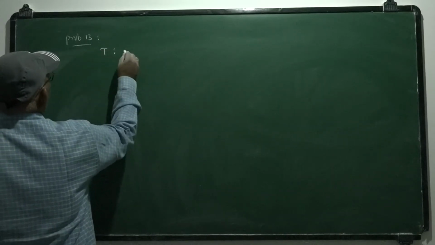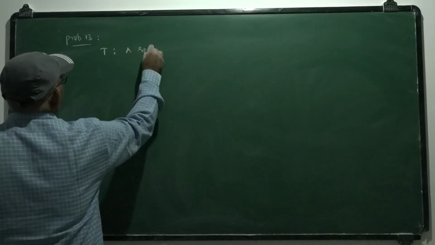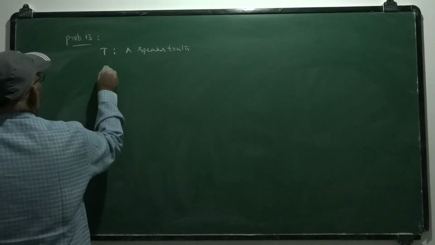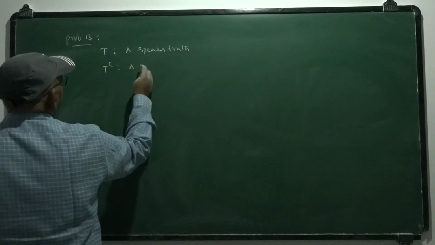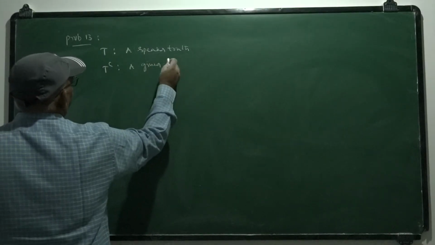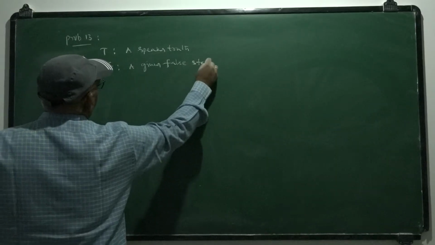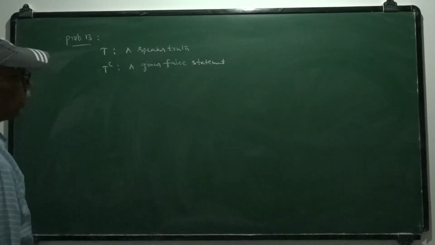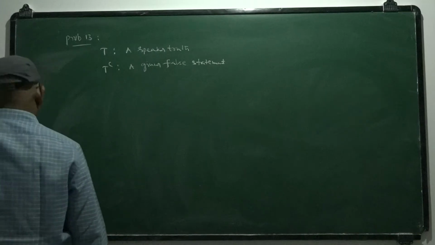Let T stand for the event of A speaks truth. And T complement is A speaks a false statement, that is, A not speaking truth, A gives a false statement.